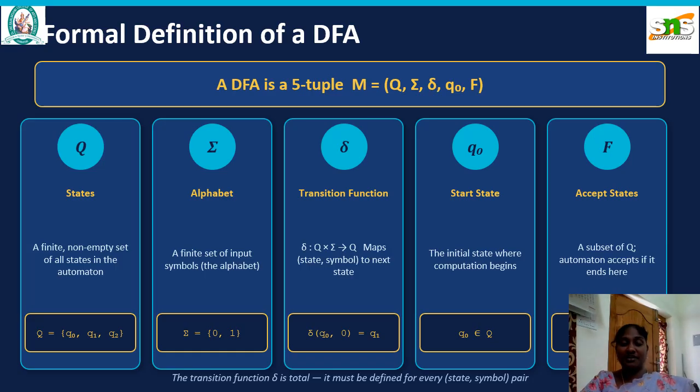Delta is a transition function which takes the current state and the input symbol and maps to the next state. Q0 is the initial state or the start state where the computation begins. Capital F is the set of accept states. It is a subset of Q.